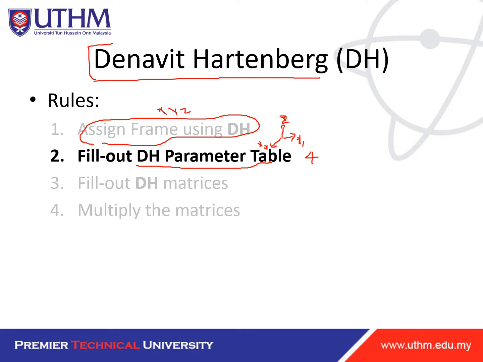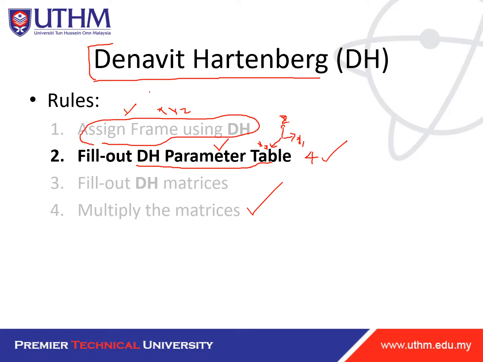The first one, we want to assign a frame on the robot if the robot doesn't have any frame. Then we want to find the DH parameter table, which has 4 parameters that we need to find. Then we need to find the matrices first and do the multiplication.